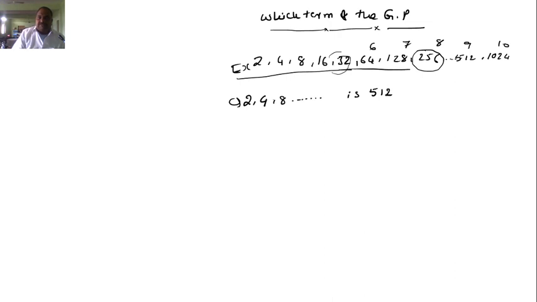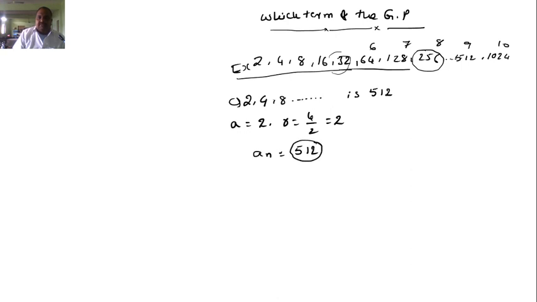Which term is 512? We know already the ninth term is 512. So how can we prove it? First, A is equal to 2, R is equal to 4 by 2, that means 2. A n, how much? 512. Which term? Means the nth term is 512.